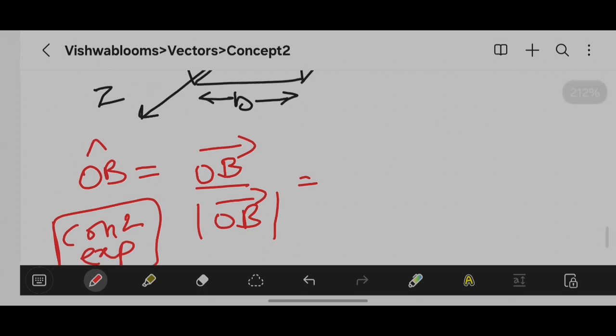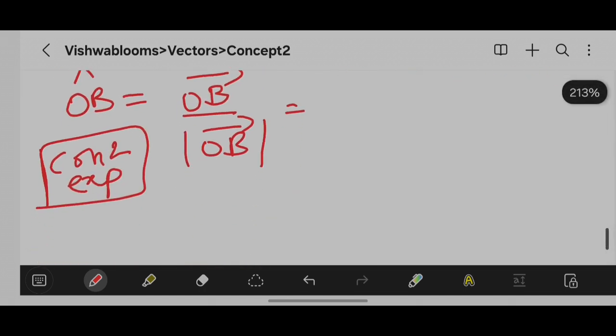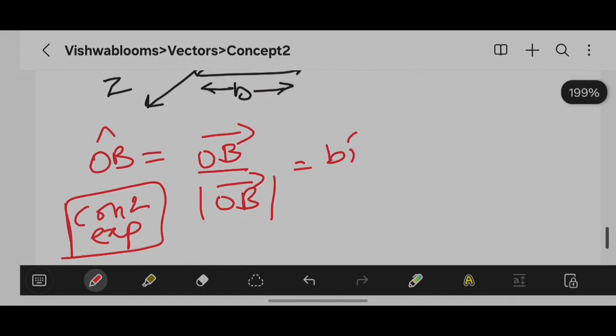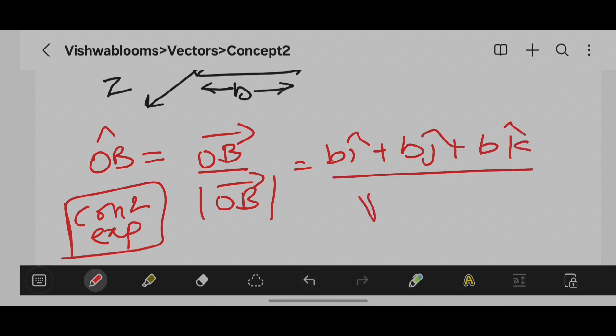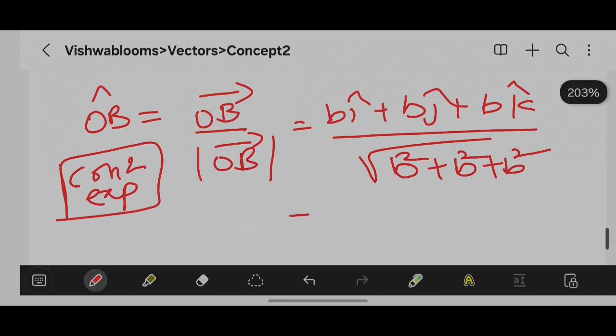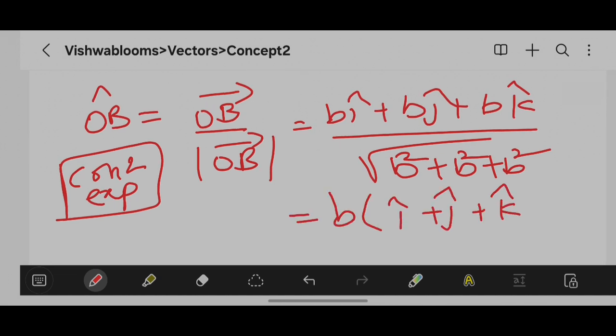Now what is OB bar here? b i cap plus b j cap plus b k cap divided by the root of the magnitude, you know, right? b square plus b square plus b square. Now here I am taking b common, so i cap plus j cap plus k cap.